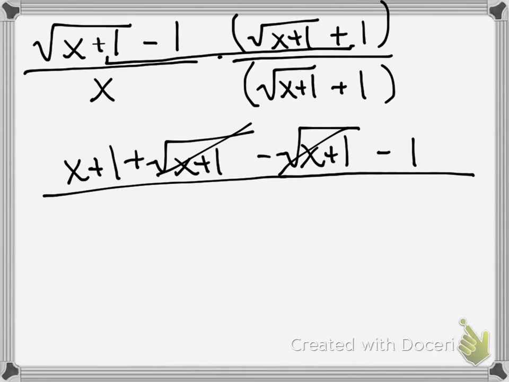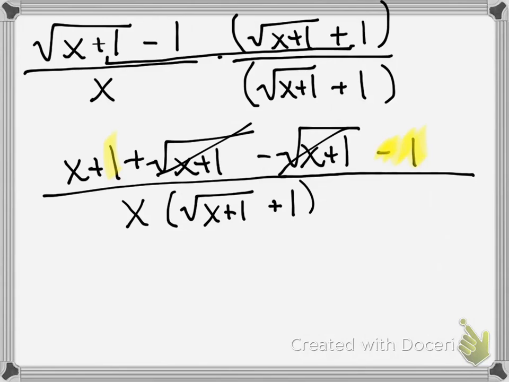Then in your denominator, for right now, you can just leave it as x times the square root of x plus 1, plus 1. Okay, looks a lot uglier than it is. If you go ahead and look in your numerator, your 1 and negative 1 are going to cancel each other out.